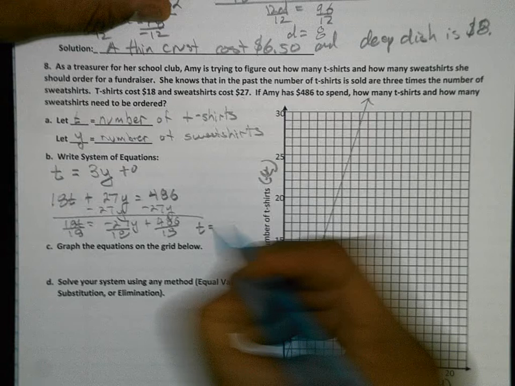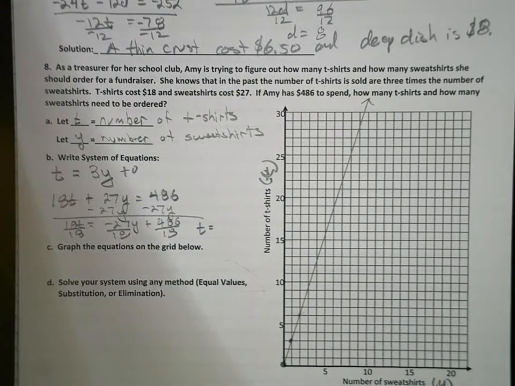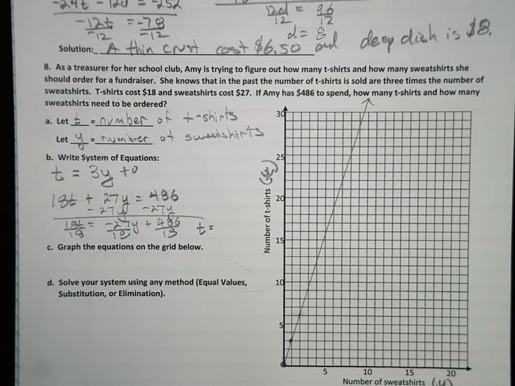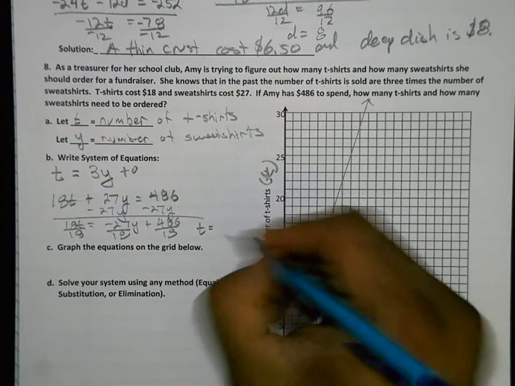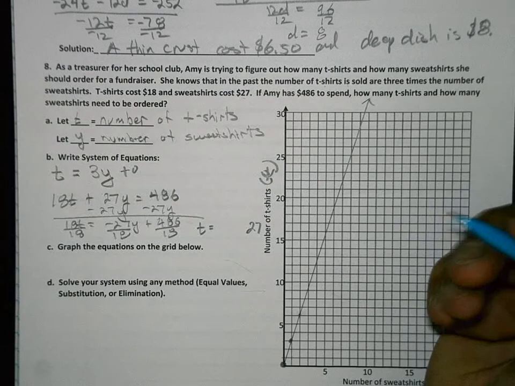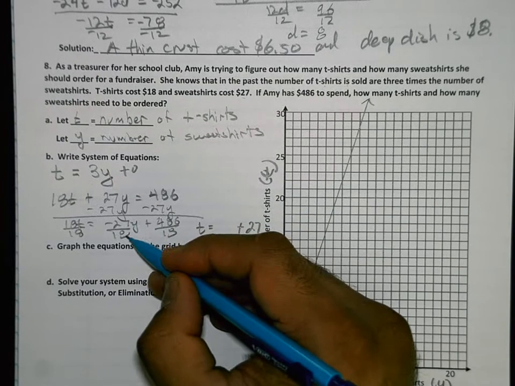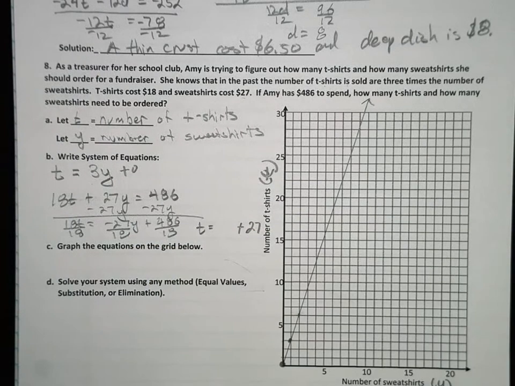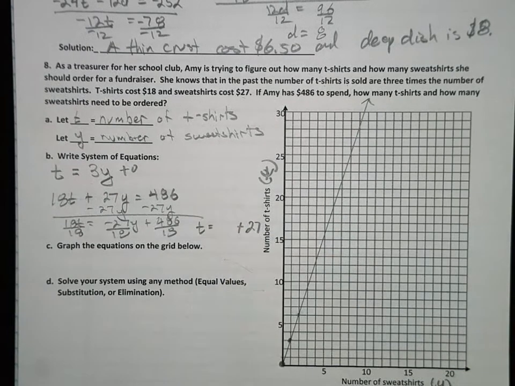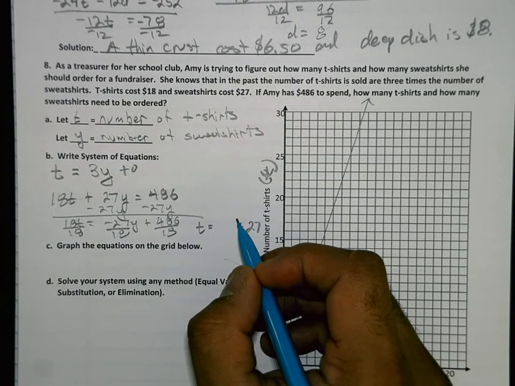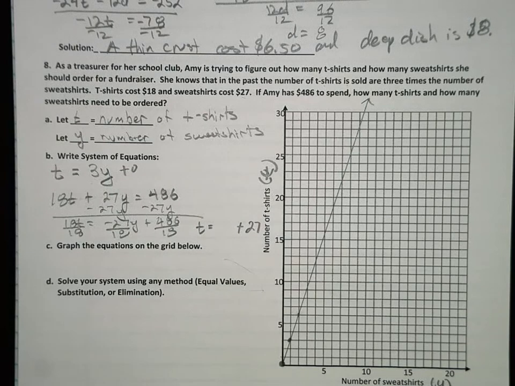And T equals, so 486 divided by 18 is 27. So the y-intercept is 27. Plus, so I got 27 over 18. I can take a 9 out of those, right?